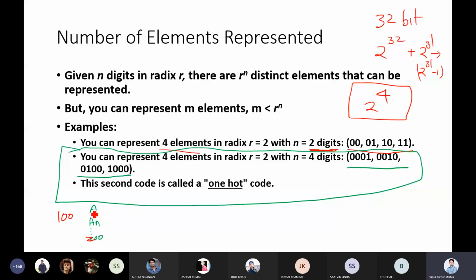Now if you want to represent a, you can say its positional argument is 0. So the 0th place will be 1, and the remaining will all be 0. For the next word, this place will be 1, remaining all 0, and so on up to 99.